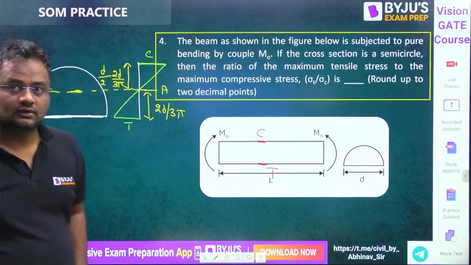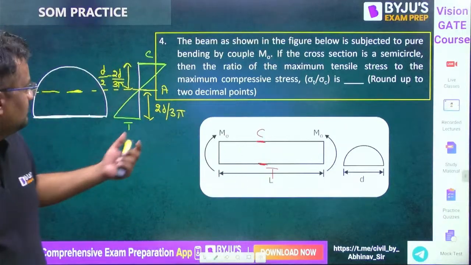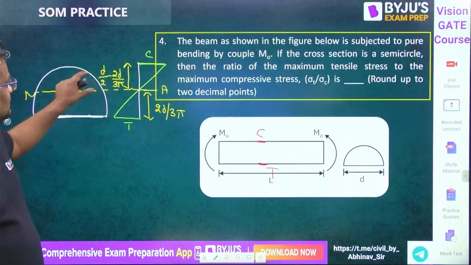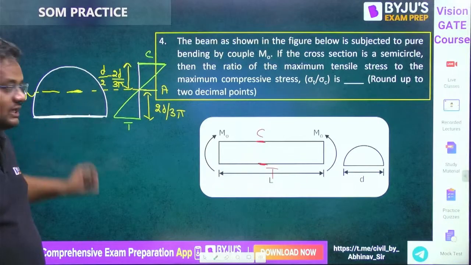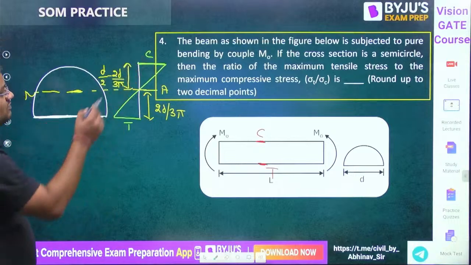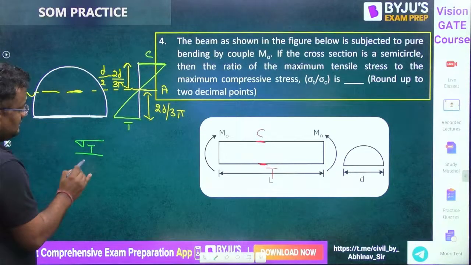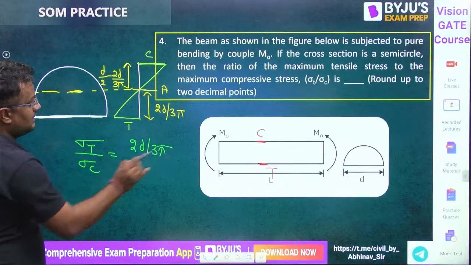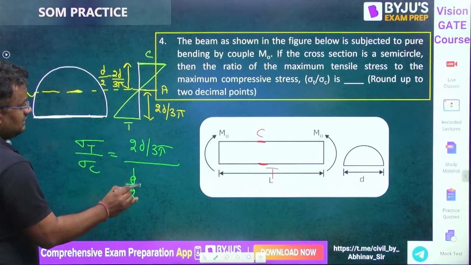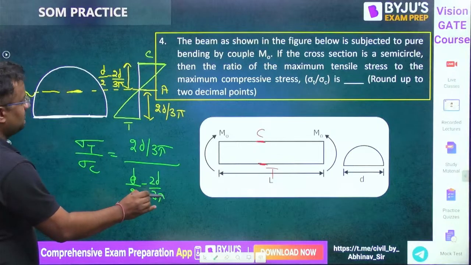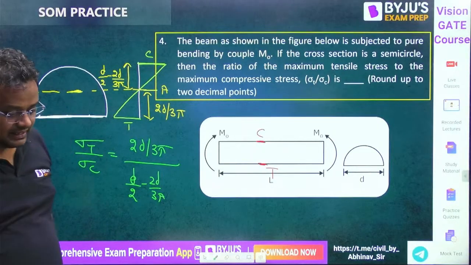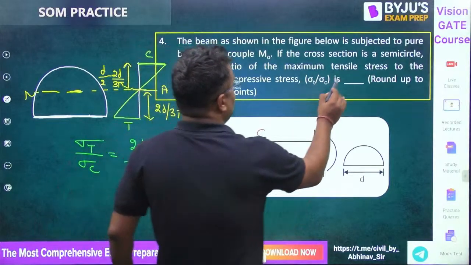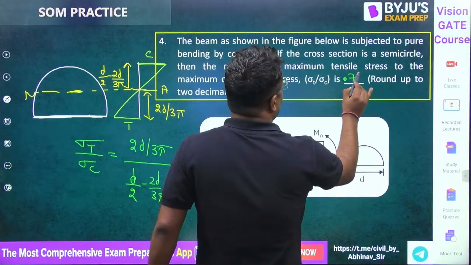Everyone knows the concept here. The only thing is whether you know the CG of this or not. So sigma T by sigma C, from similar triangles, is 2D by 3 pi divided by D by 2 minus 2D by 3 pi. This is the key concept here. And from here, the answer will be 0.74. This is an NAT type problem. 0.74.